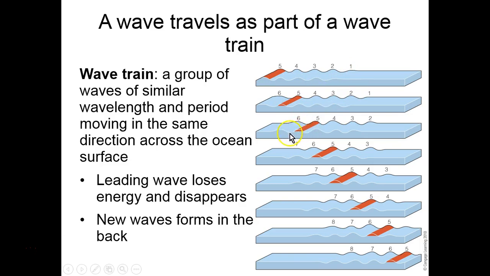But the back wave is actually going over an area that was already disturbed by the waves in front of it. And so what you end up having is a new wave forming in the back. So as the wave train continues on, if you watch number 5, it eventually becomes the beginning of the wave train, or the first wave of the wave train.